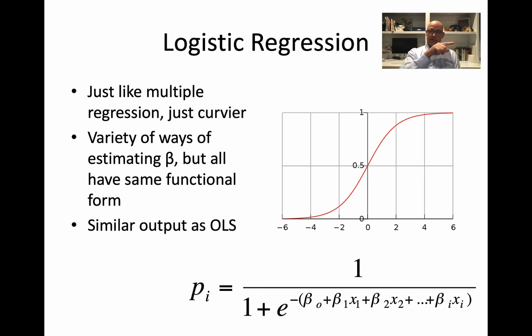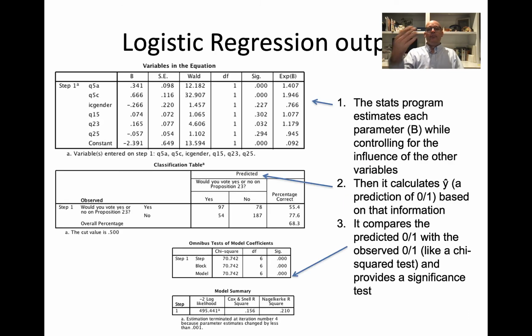In a logistic regression, since we're not predicting a straight line, the way to get that line to curve is to put 1 over 1 plus e to the negative parameter, and so on. So in order to predict this, we have to sort of switch it, and you cannot interpret the output in the same way that you would a multiple, like an OLS regression output.